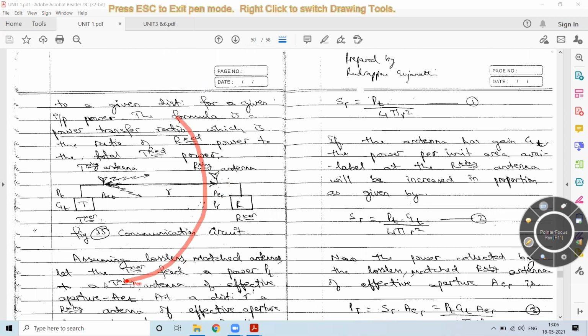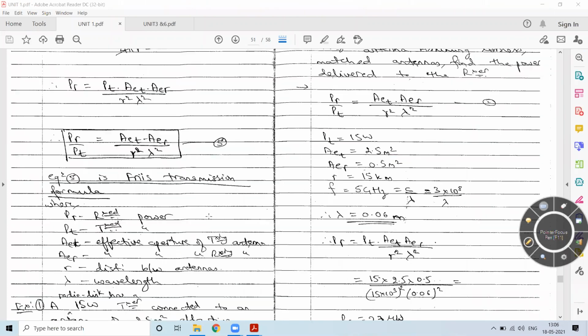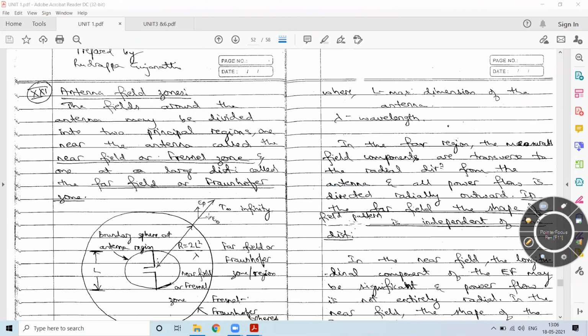If I imagine that this transmitting antenna is within a sphere, forming the center of the sphere, and the radius of the sphere is R, then based on this R value I can specify in which zone the measurements are done. Based on that, I have to classify the antenna field zones.